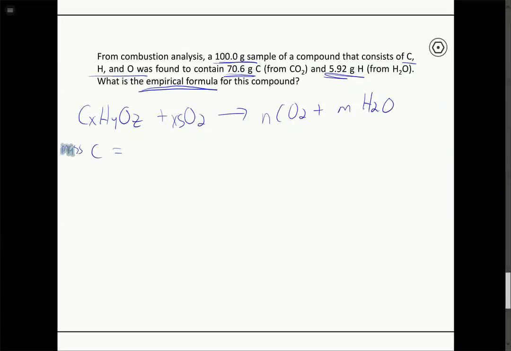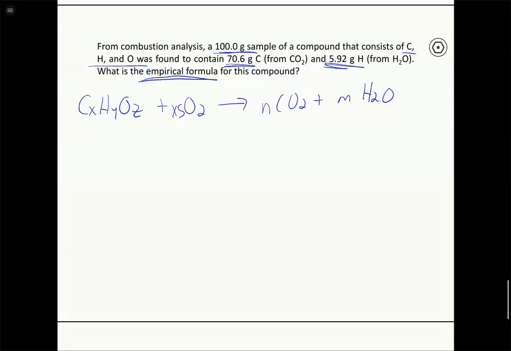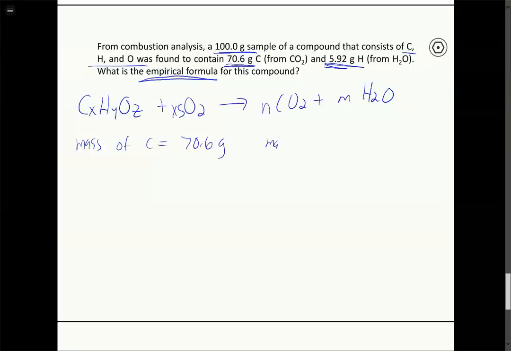There are some cases where we'll give you just the masses of CO2 and H2O, and you'll have to pull out the masses of each element, but we didn't even go that far here. So 70.6 grams of carbon is given to us. The mass of hydrogen is 5.92 grams.